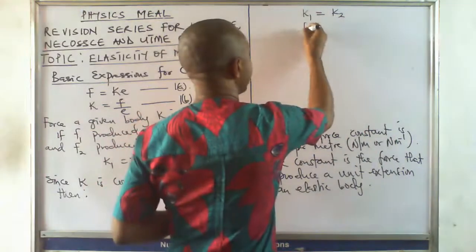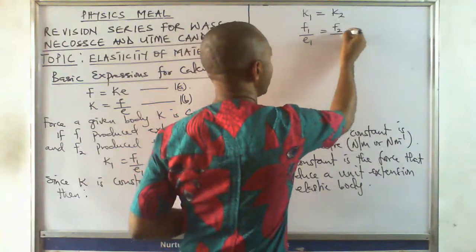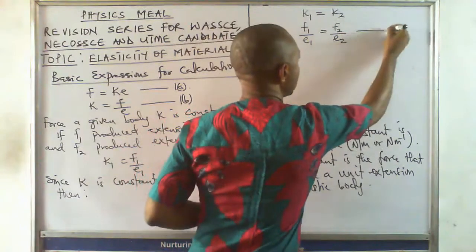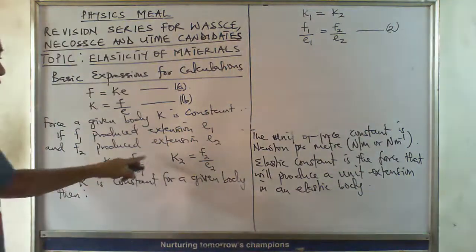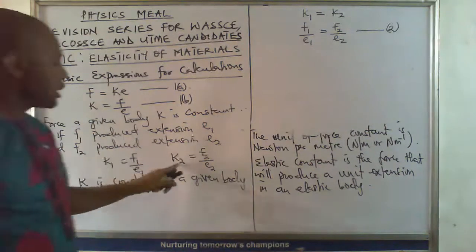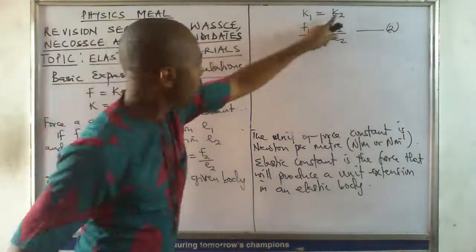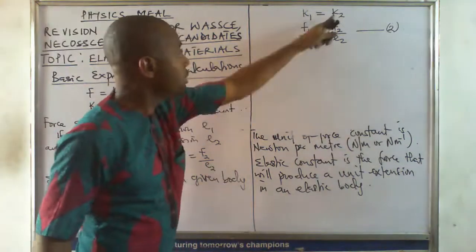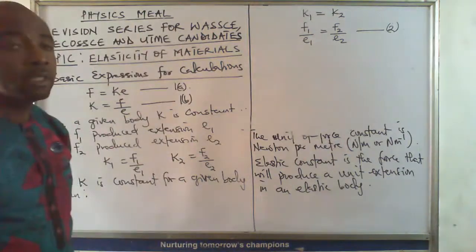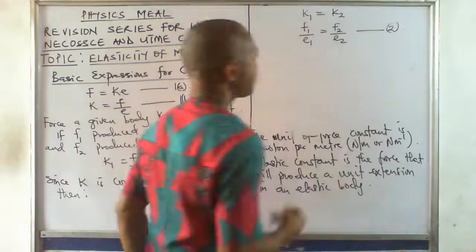Because of that, we can say that F1 over E1 is equal to F2 over E2. That should be our equation 2. It's because K1 is F1 over E1, and K2 is F2 over E2. So if K1 is equal to K2, then we can use this to replace that, and then we have this.